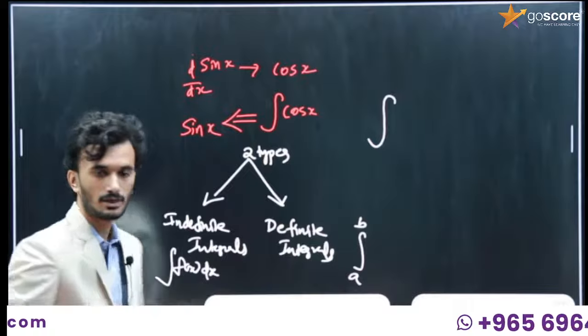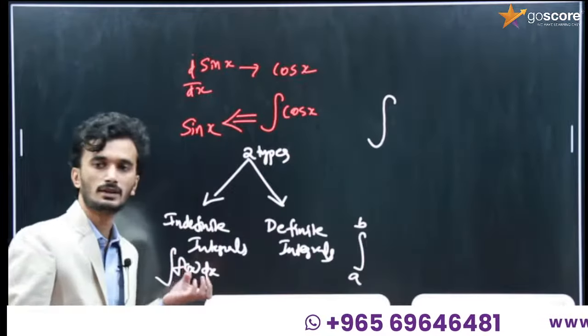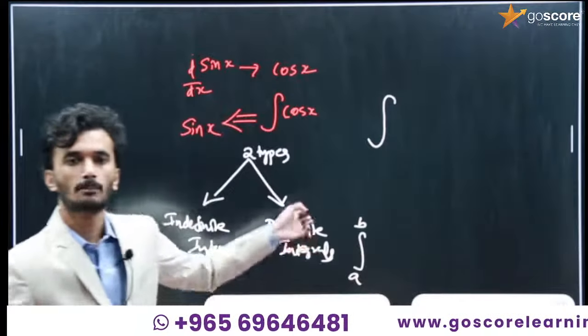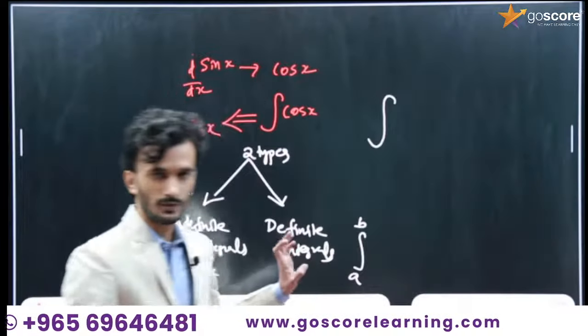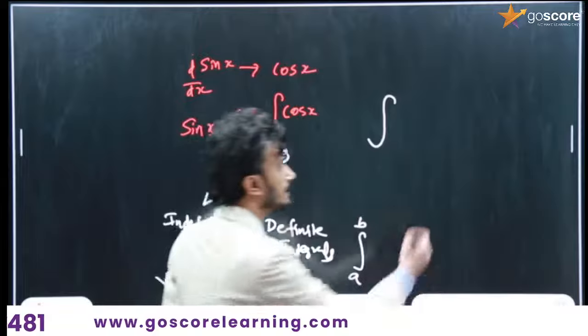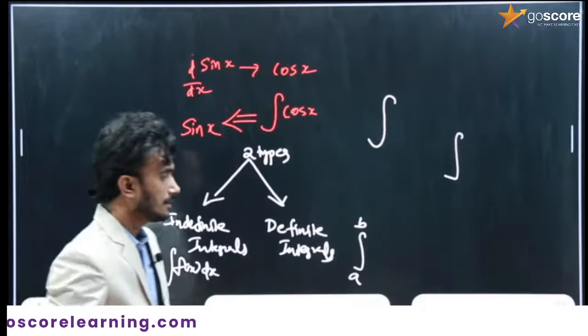There is a function. If we integrate a function without limit, it is called an indefinite integral. With a lower limit and an upper limit, it is called a definite integral. This one is the symbol for integration, right?